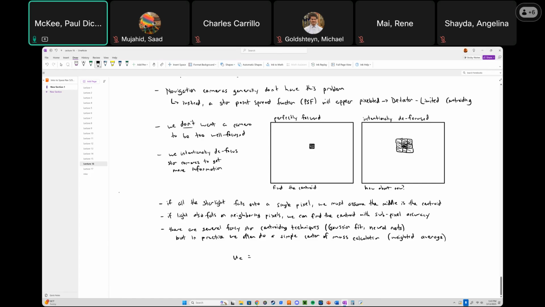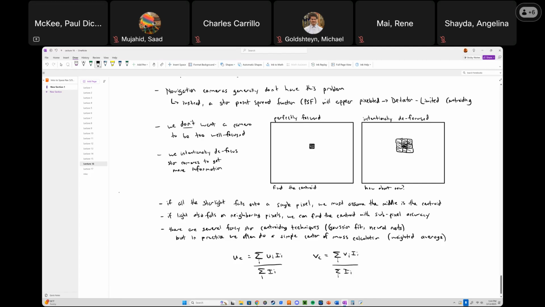U centroid is the sum over all the pixels in some region, or all the pixels that are within some connected component, of U_i times intensity I_i, divided by the sum of the intensity. And then V centroid is the sum over all pixels within some blob of V_i times intensity I_i, divided by the sum of intensity. There we go.